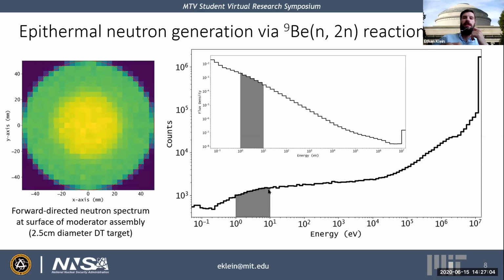On the right, I show in dark gray the part of the spectrum that we're utilizing. And in the inset is the actual flux density, normalized to the width of those eV bins. As you can see, it's a pretty spatially distributed system. This assumes a 2.5 centimeter diameter DT target. I'm not sure honestly what it is for our system in the lab.